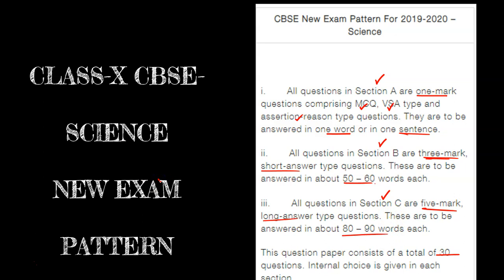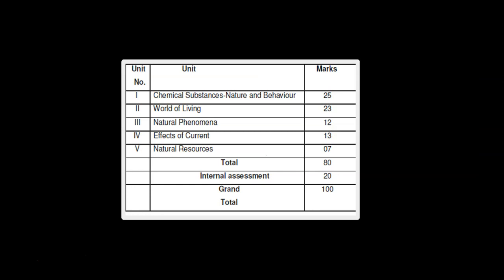Let's move to the second slide to understand the weightage of the science paper. As you all know, science is a combination of physics, chemistry and biology. So this is the breakup of marks among those 3 sub branches. For example, chemical substances, nature and behavior constitute chemistry.